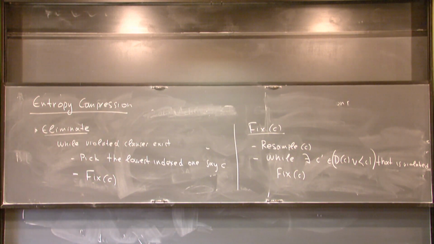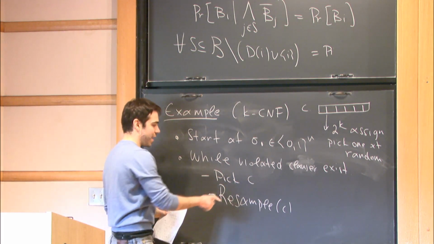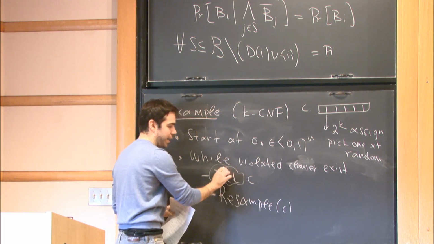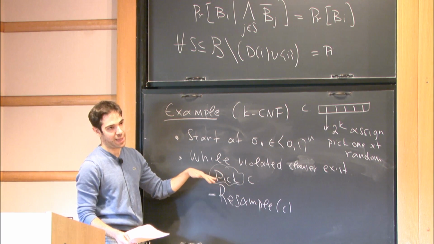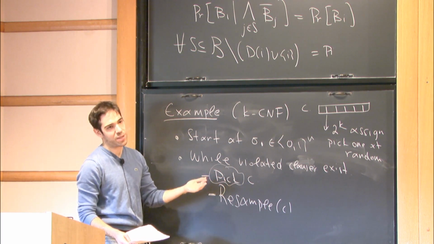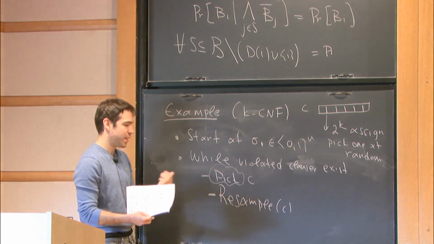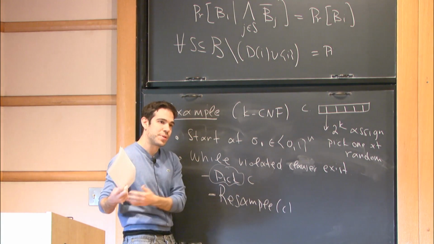So this algorithm is basically the same as this algorithm, but I have chosen a specific way to pick which clause to resample at each step. The idea is that this will help me with counting, and this is kind of a counting argument that I will use in later proofs.